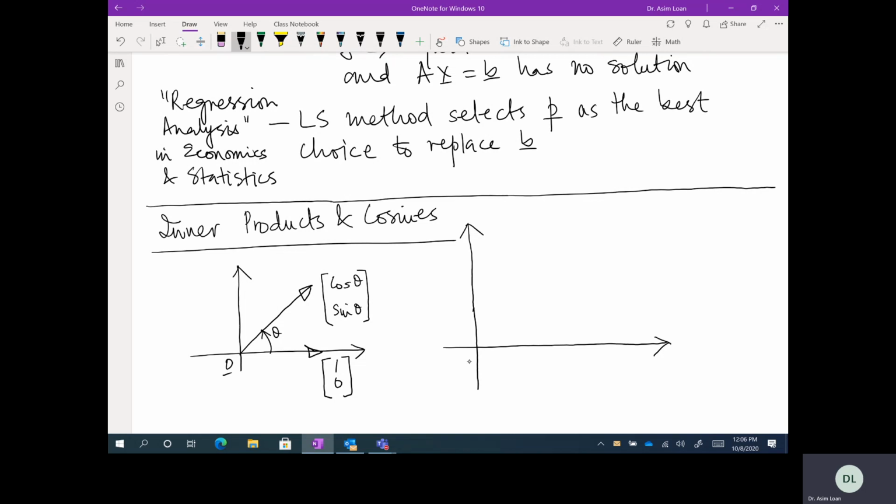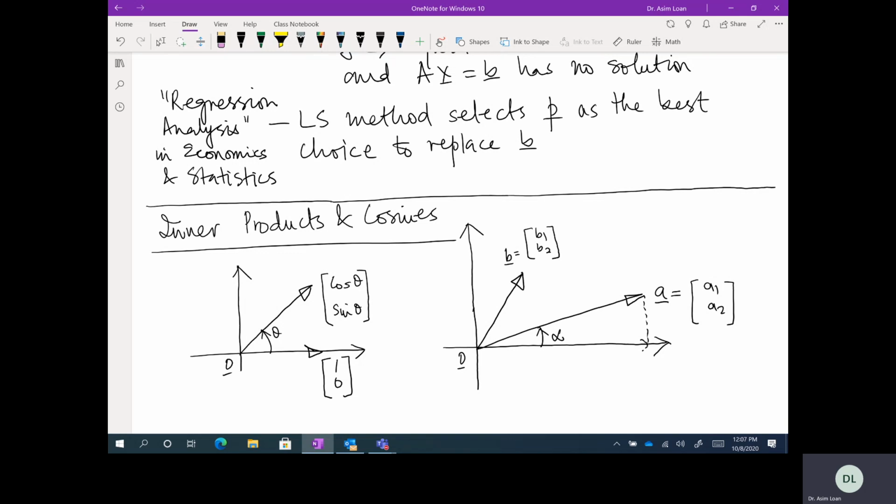This is origin. Let's draw a vector here. This is vector A, and A has two components, A1, A2. Somewhere over here is A2, somewhere over here is A1. This angle is alpha. This vector is B, which is equal to (B1, B2).